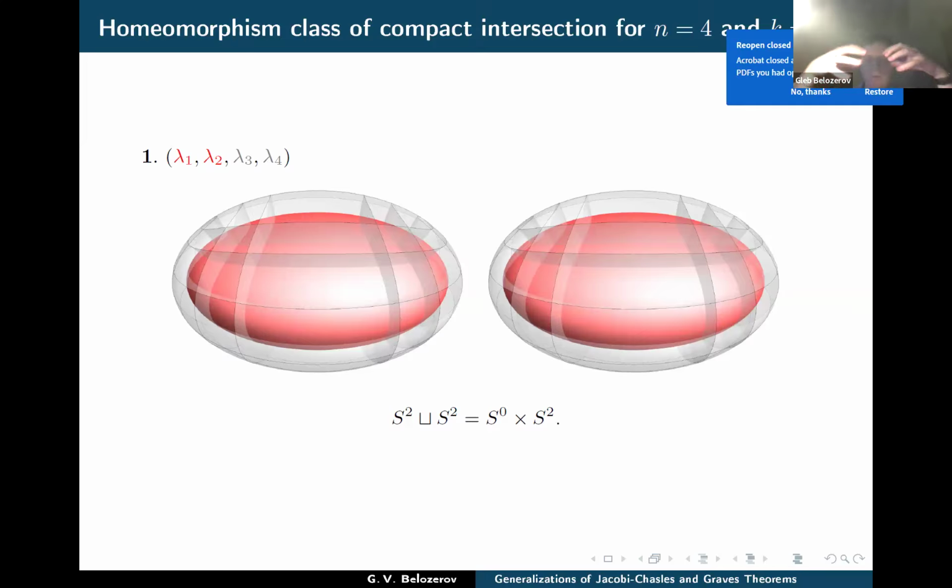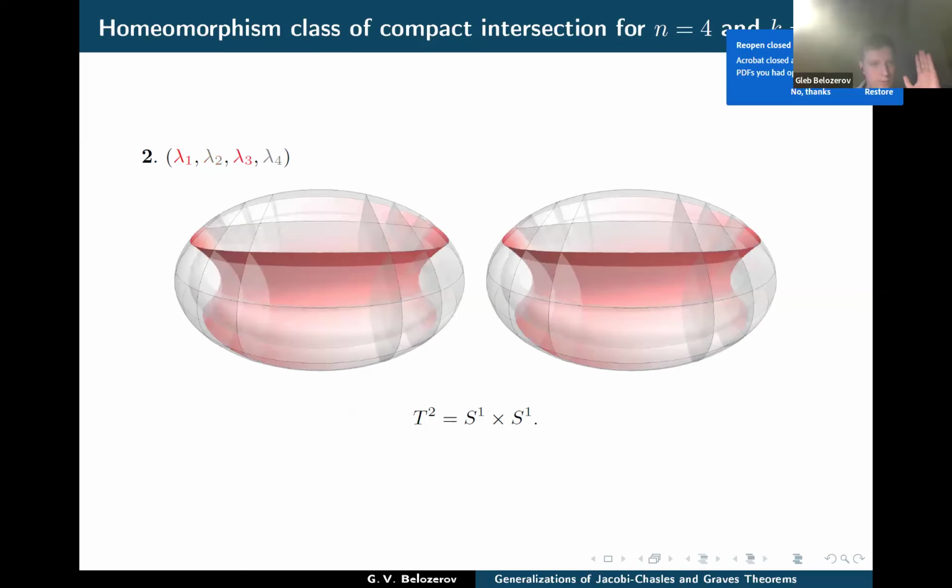So if we glue these regions along the boundary, we obtain two-dimensional spheres. But this is homeomorphic to the direct product of the zero-dimensional sphere and the two-dimensional sphere. Okay, now fix the first and the third elliptic coordinates. What do we obtain?